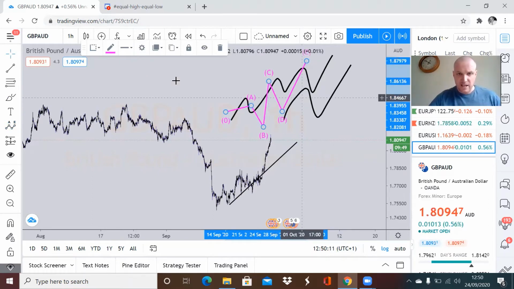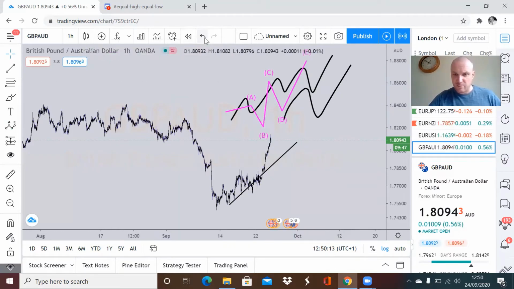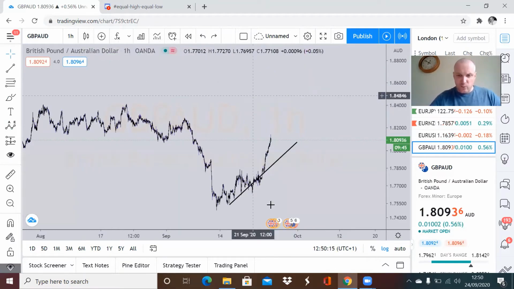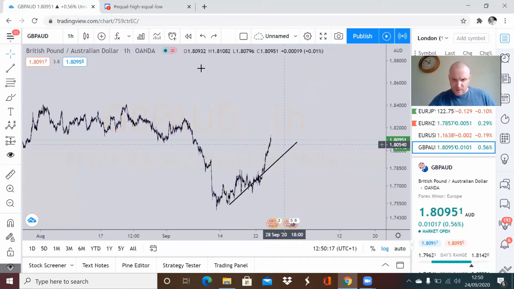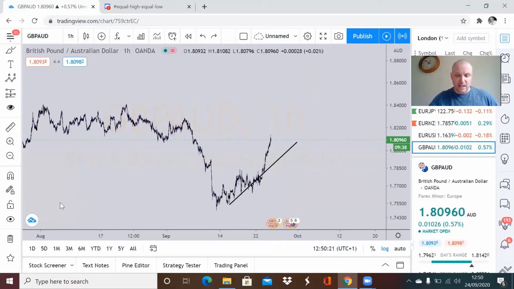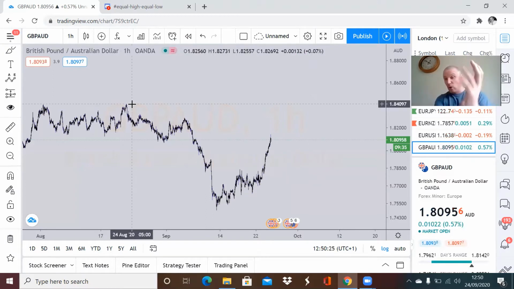So I'm just going to explain a little bit more. Again, we are going to be identifying the trend. If you're on a 1 hour time frame, here's a bit of a cheat sheet: you can go up 2 time frames.